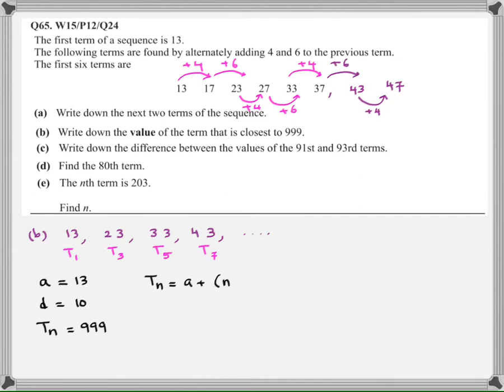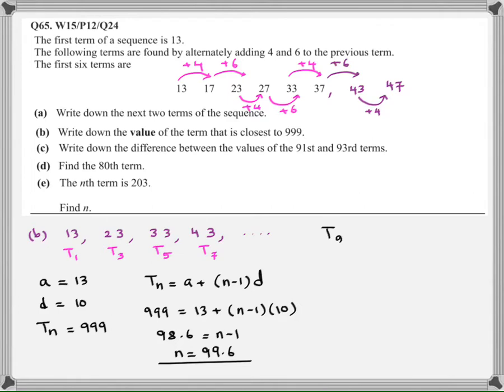Tn is 999. Apply the formula, work it out. And what you get is n comes out to be 99.6. Of course, the value of n has to be an integer. So it says closest, so you're not going to round up.